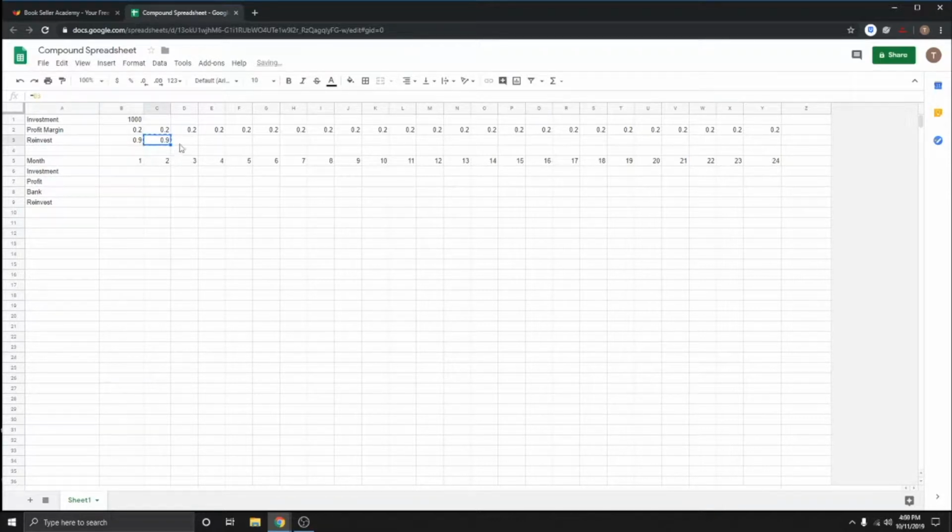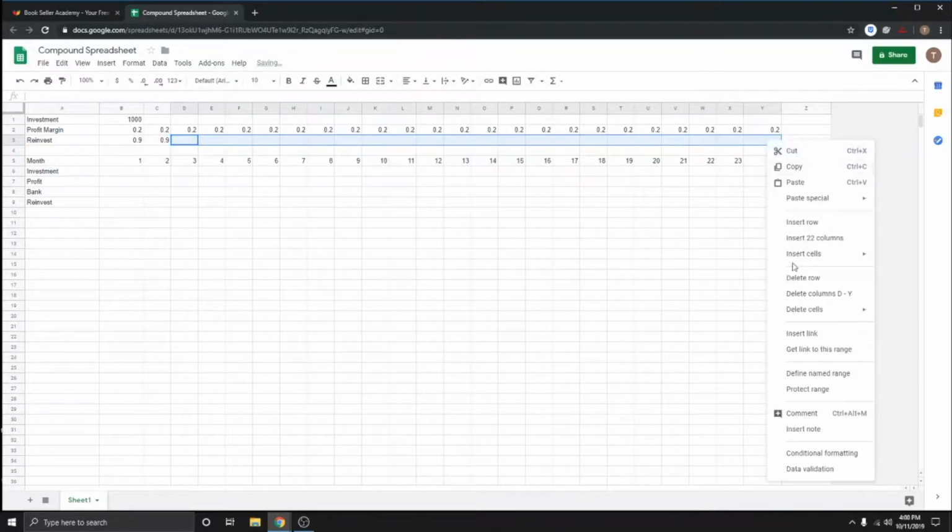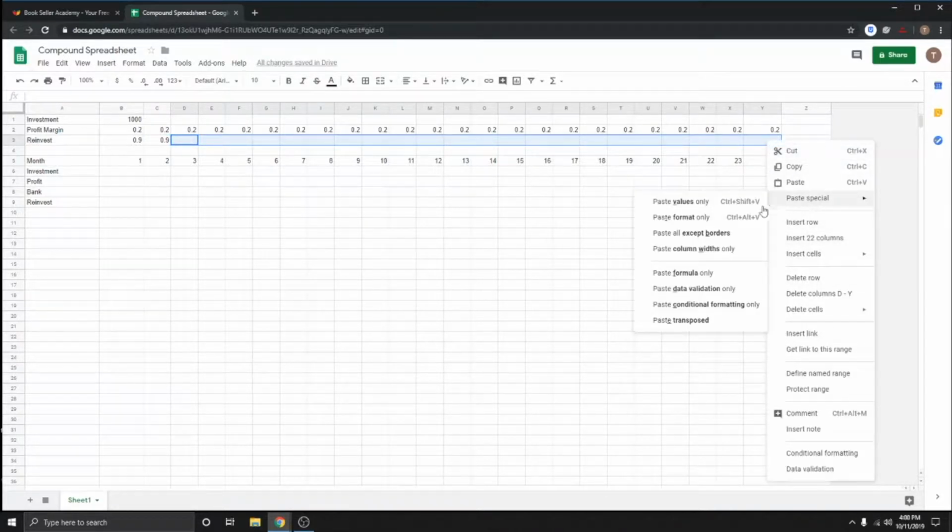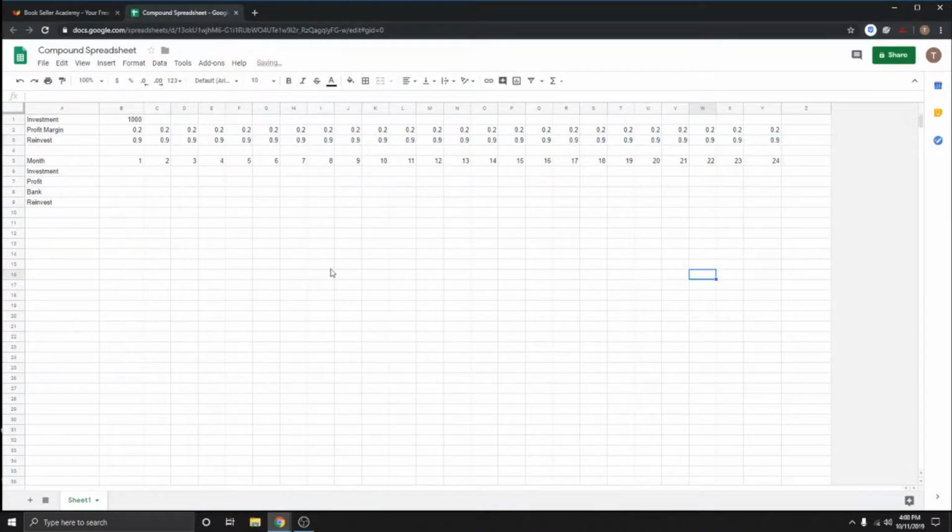Copy this formula, and we will paste it here. Oops, just want to make sure that the formula is pasted. There you go. So that way, if we need to change our profit margins, let's say we want to go 30%, it changes across the board, or 80% reinvest.